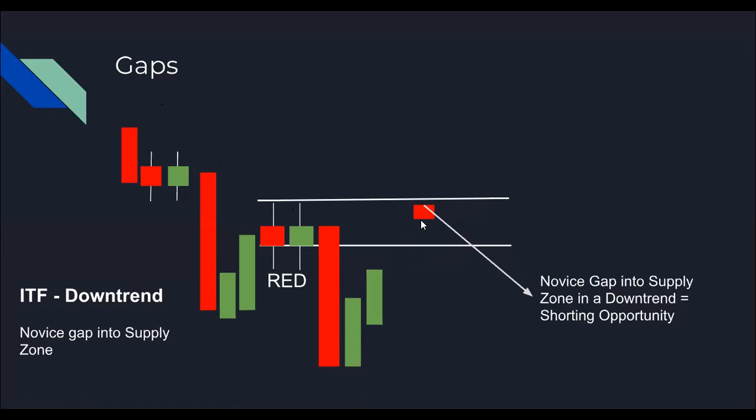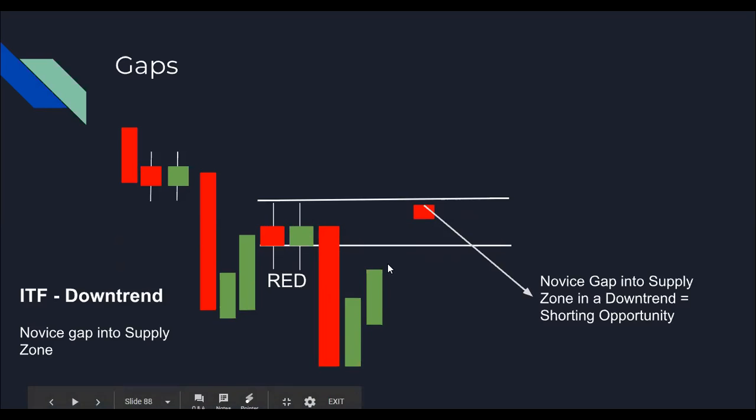So when I go to a higher time frame chart and I see that we are in a downtrend, and then I come back to the lower time frame chart and I see an area of supply, right here, prices moving up, pause for a while, then a sharp move down, this indicates an area of supply. So when prices are retracing back into this area of supply, you see a novice gap here.